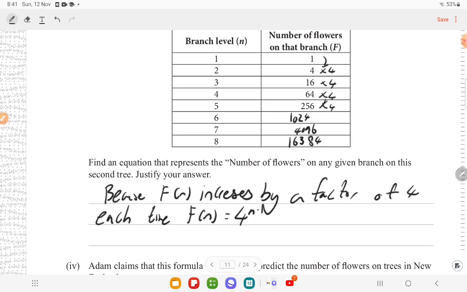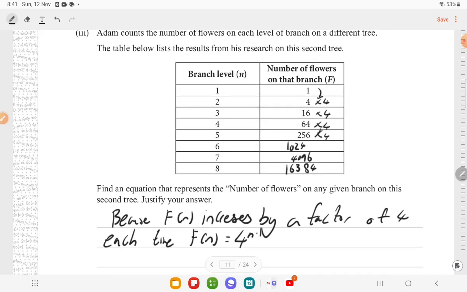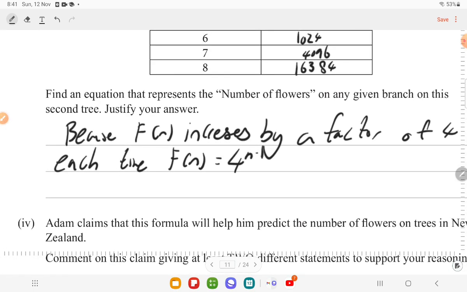And because the initial branch level 1 is 1, we need the 4 to the n take away 1. Yeah.